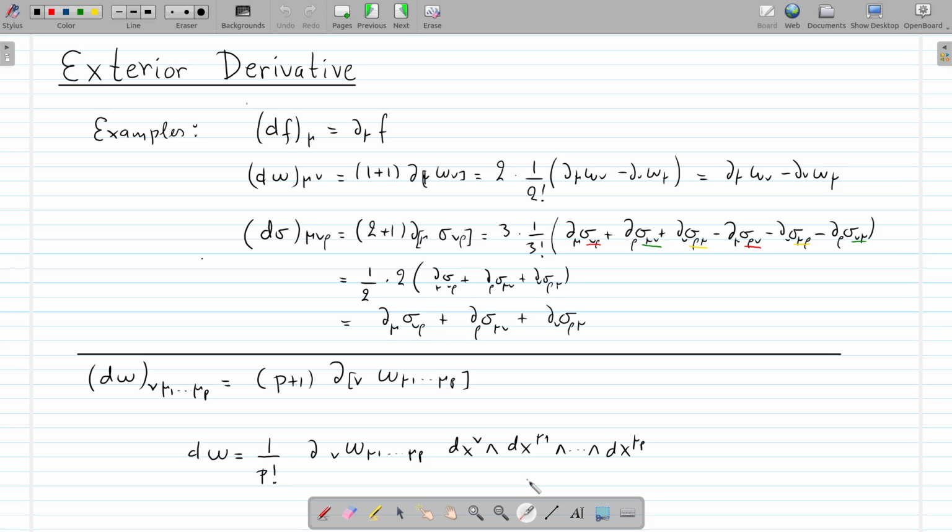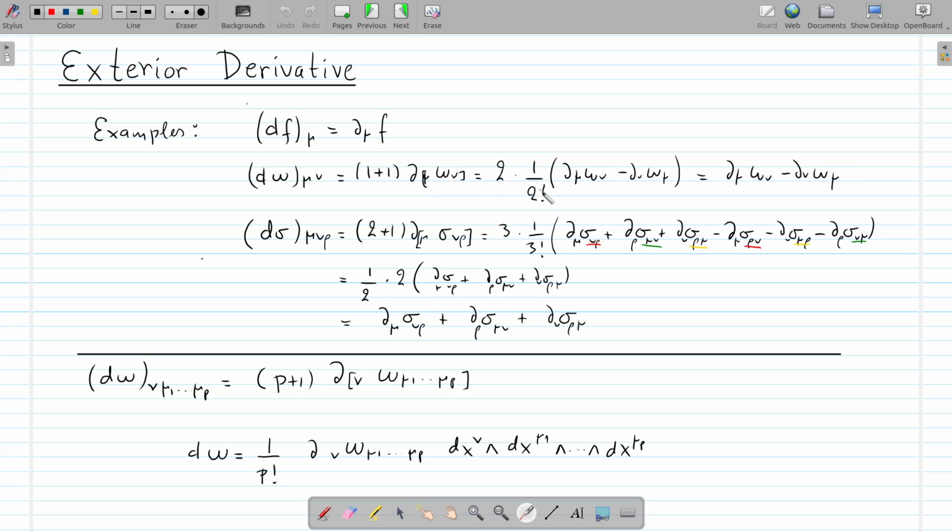Let's compute some examples. The exterior derivative of a function is simply the derivative of the function. The exterior derivative of a 1-form is given by this expression here. It has two indices. It's a 2-form. So that is 1 plus 1, 2. Then you see we have to antisymmetrize the mu and nu indices.